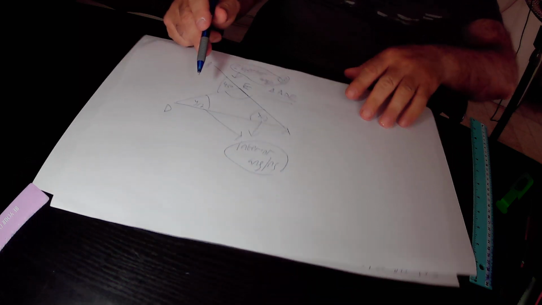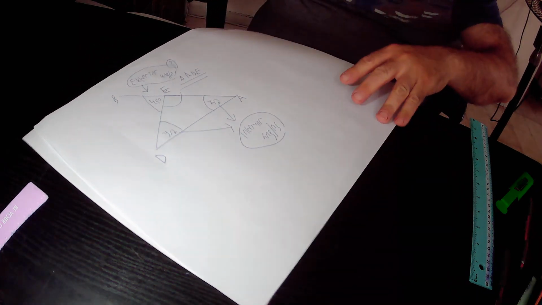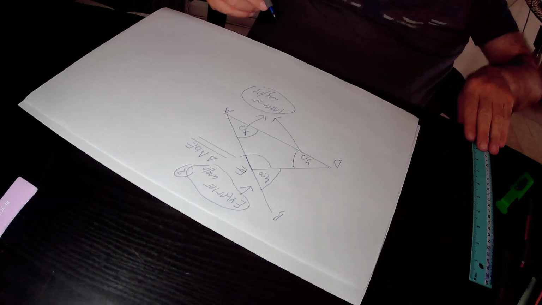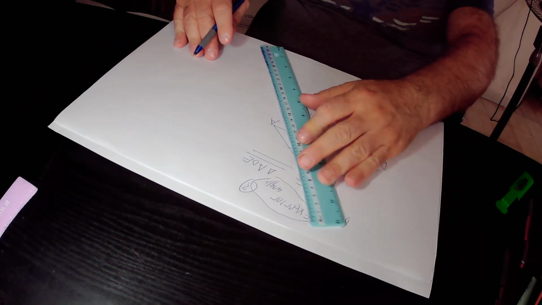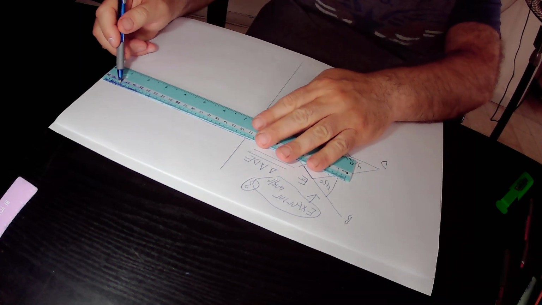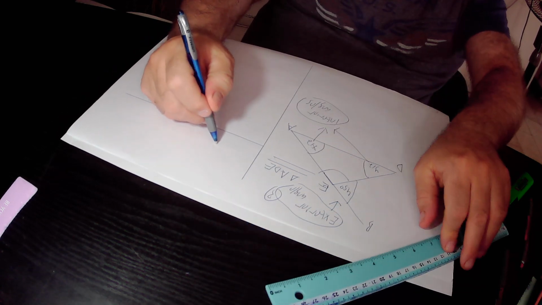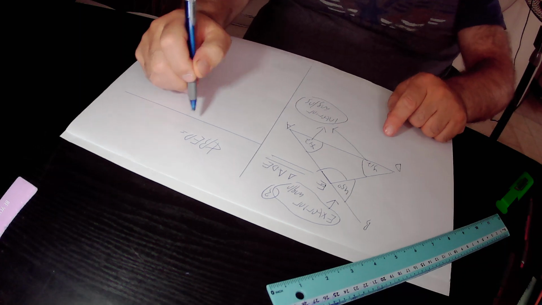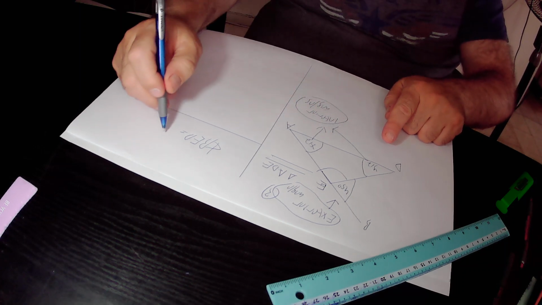So I write it down. First we found out that according to rule 4, the size of angle BED equals x over 2 plus y over 2.